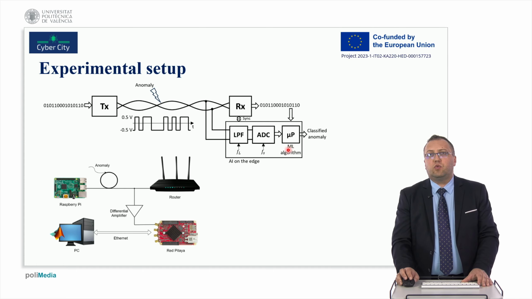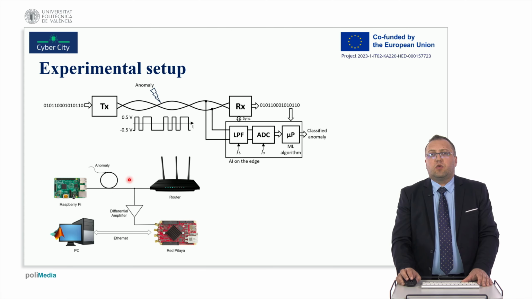Our idea is to use a machine learning algorithm to do an automatic classification of the anomaly type that may be present or may occur during the operation of the transmitter and the receiving of the information between two peers. For example, in the figure below, you see a Raspberry Pi as an example of a transmitter sending some data to a router.